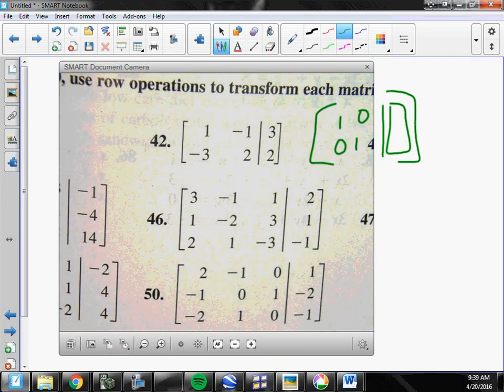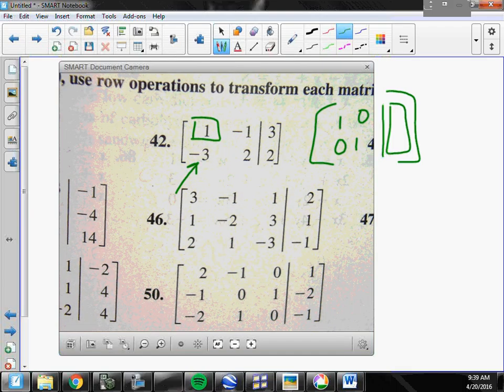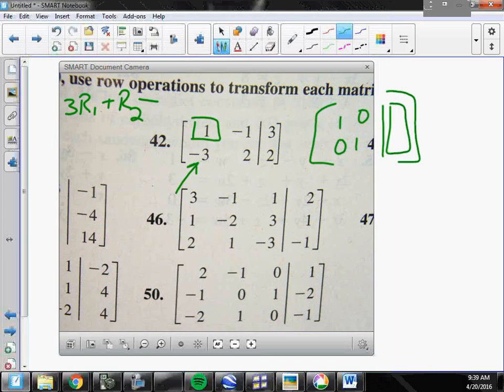Okay? So I can use this 1 to turn that number into a 0. What do I need to do to row 1 to make the first number in row 2 have a 0? So I'm going to do 3 row 1 added to row 2, and I'm going to place that in which spot?